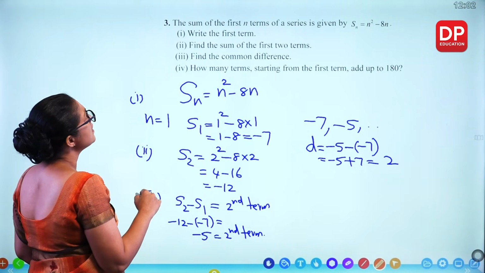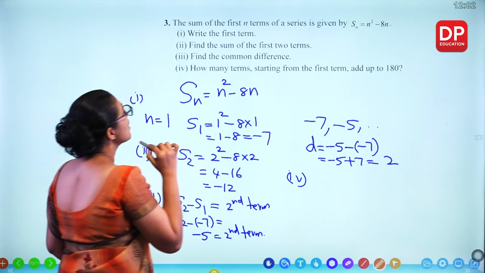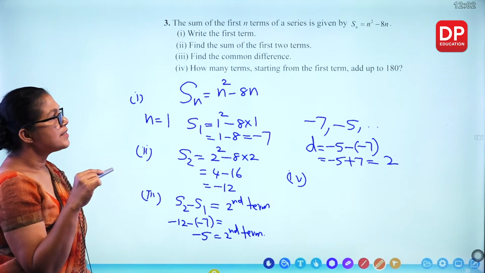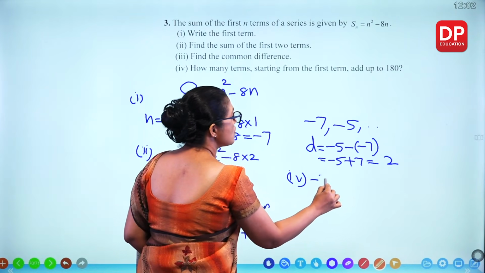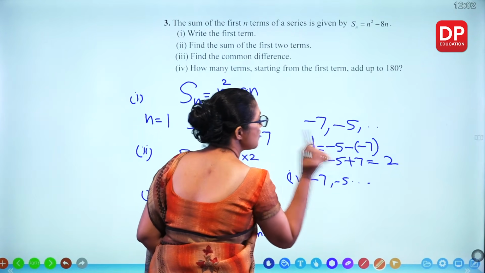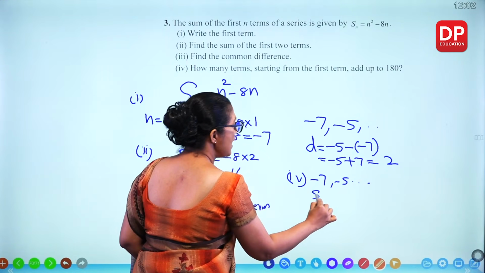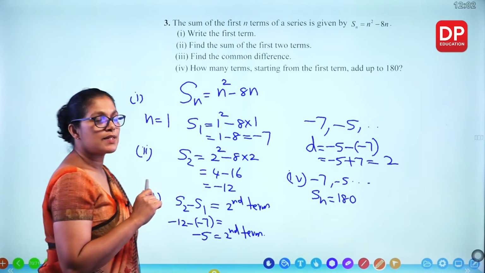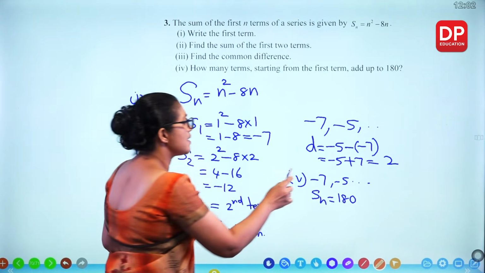Now the fourth part. How many terms starting from the first term add up to 180? So they are asking, when there's a sequence like this, the sum of all n terms is 180. So how many terms are there? This is an arithmetic sequence.